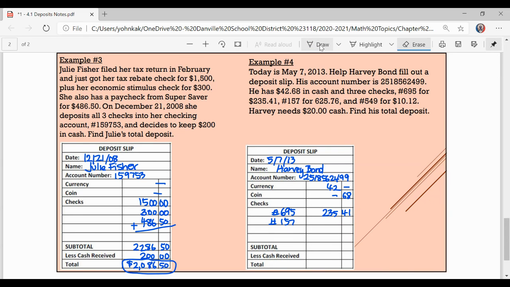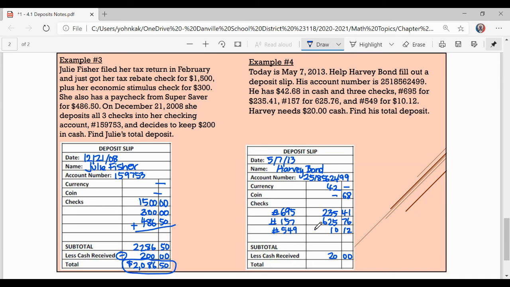Check number 157 is for $625.76. And check 549 is for $10.12. Harvey needs $20 in cash, so that goes in the less cash received. And we need to find the deposit.